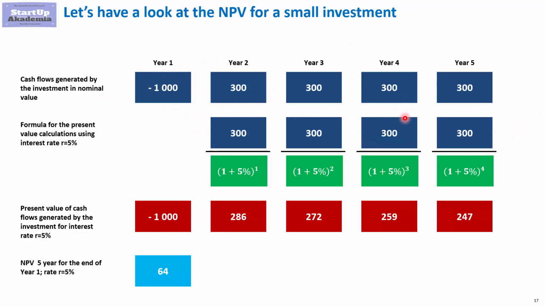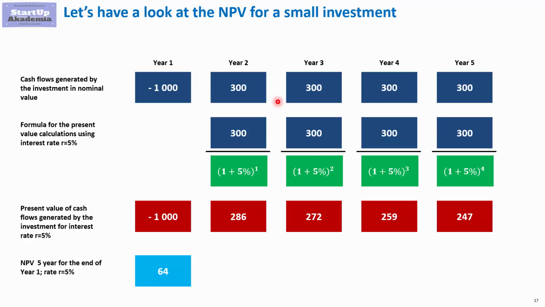Then using the formula we have introduced previously, we calculated the present value of each and every cash flow. As you can see, although they have the same nominal value, they will have a different present value. And once we sum it up, we get the net present value. So in other words, this will be a sum of all the cash flows expressed in a present value that a specific investment generates over a certain period of time.